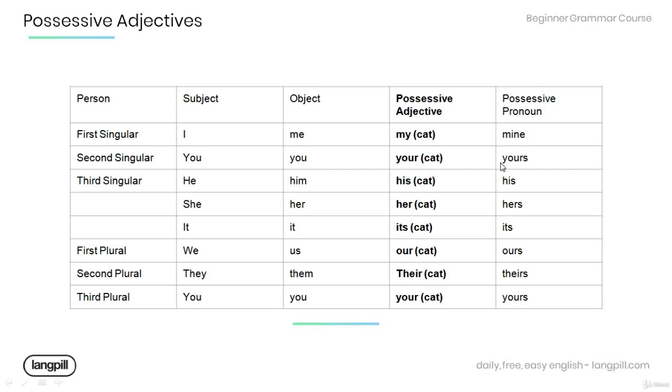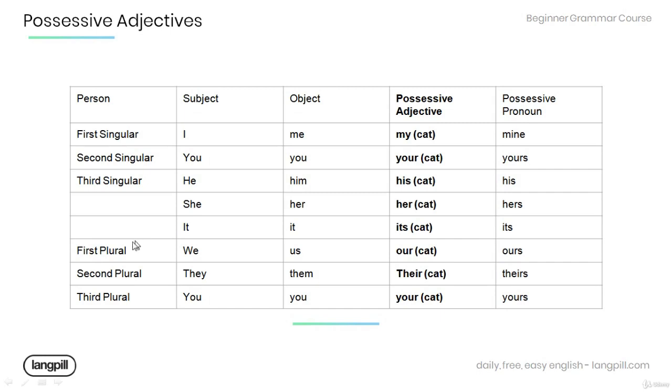Possessive pronoun, yours. Third person singular, subject, he, she, or it. Object, him, her, or it. Possessive adjective, his cat, her cat, its cat. The possessive pronoun, his, hers, its.